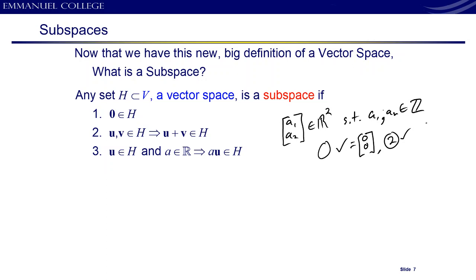The problem is, though, let's take any element. Let's just say, for number 3, let's say I do 2, 1. And I multiply it by a half. Well, now I have 1 and then 1/2, which is not in our subspace H. So this one breaks the rule in a very particular way.